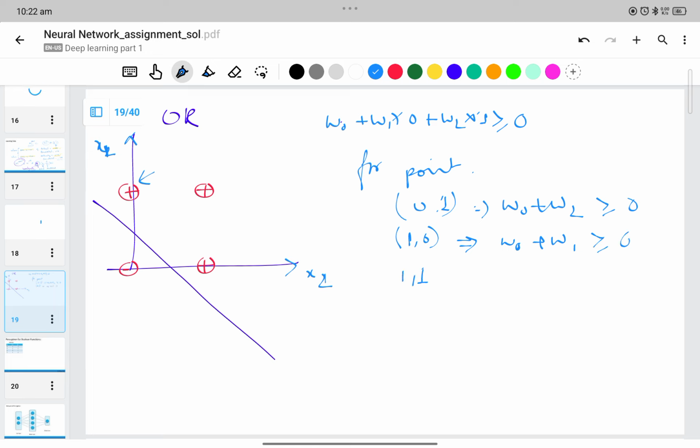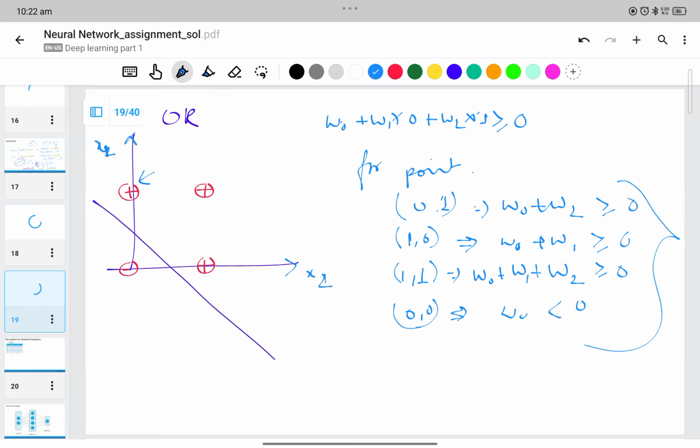For 1 1 we have w0 plus w1 plus w2 greater than or equal to 0. For 0 0 we have w0 less than 0. If we solve all of these equations, this is solvable. So based on these w's, we can get a decision boundary that can perfectly divide the two types of outputs.